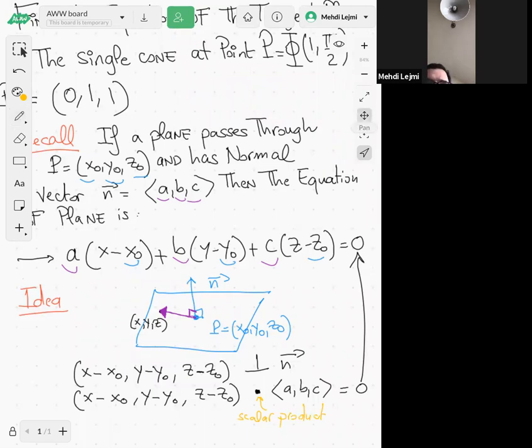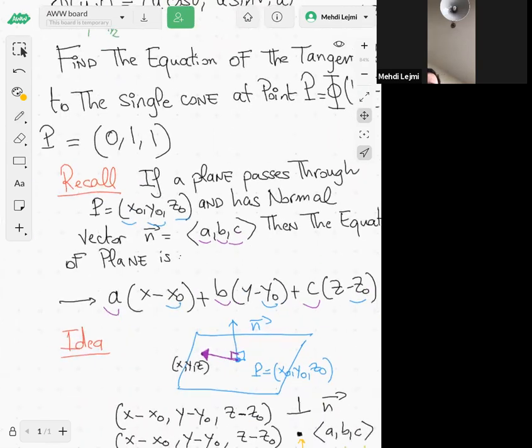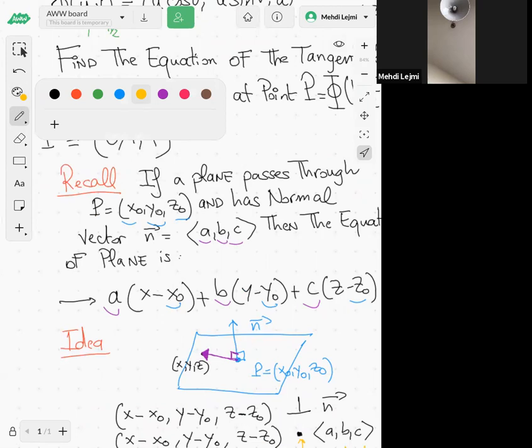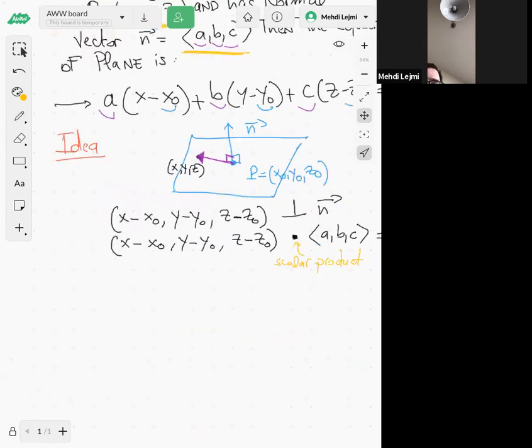Now let's come back to our exercise. We have the point P, which is 0, 1, 1. This is my x0, y0, z0. Now I need to find the normal vector, the a, b, c. The normal vector is just the cross product of TU with TV.